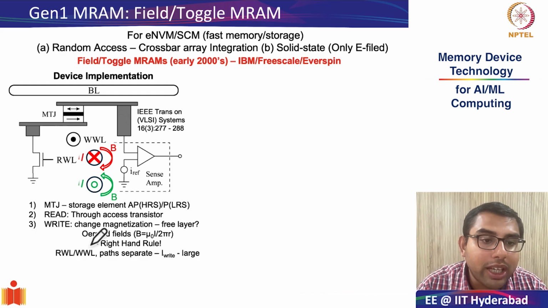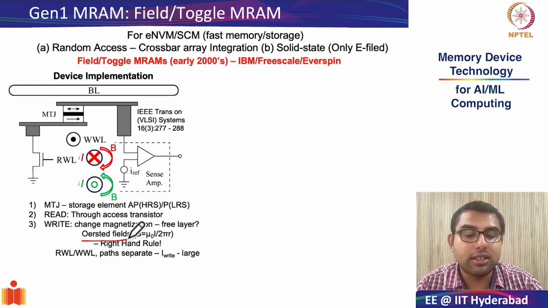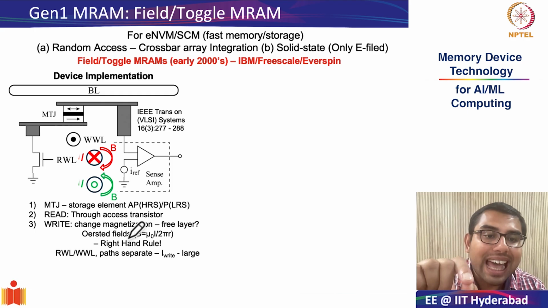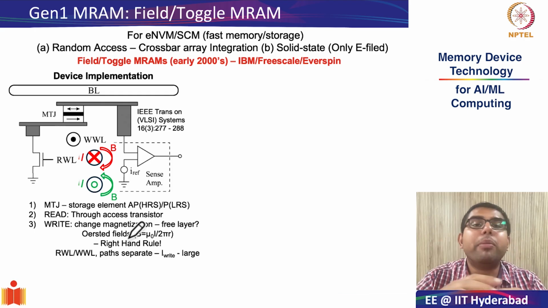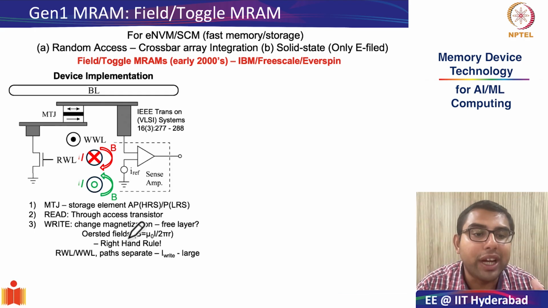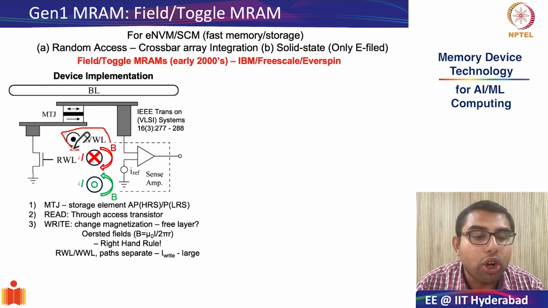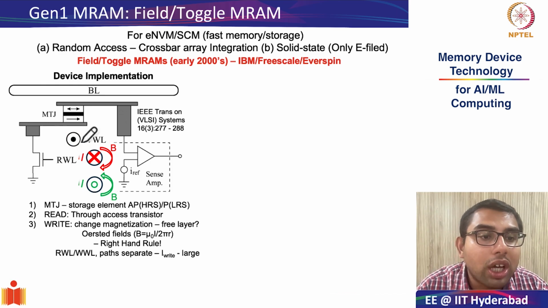It is done by using something called Oersted fields. Remember, whenever there is a current carrying conductor, it emanates magnetic fields. These are called Oersted fields. So this is the principle of doing write operation in field or toggle MRAMs.